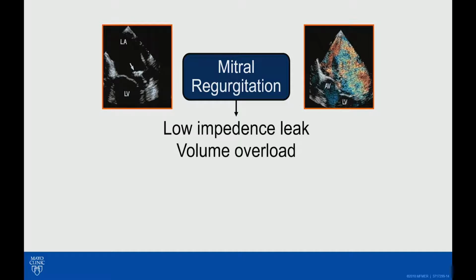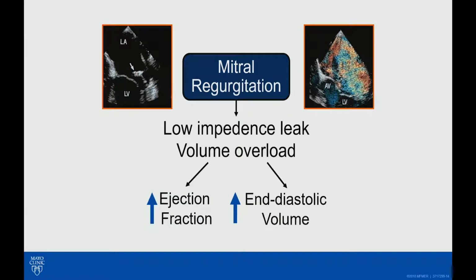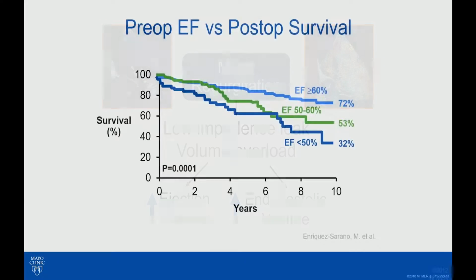So mitral regurgitation, the low impedance leak, volume overload, the ejection fraction should be higher than normal in severe MR, and the ventricle should be dilated. If you look at the preoperative ejection fraction and survival subsequent to a successful operation, the pre-op EF predicts long-term survival in patients who have surgery.